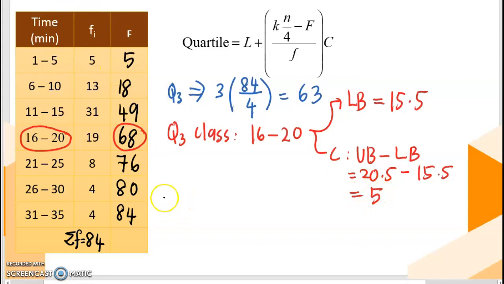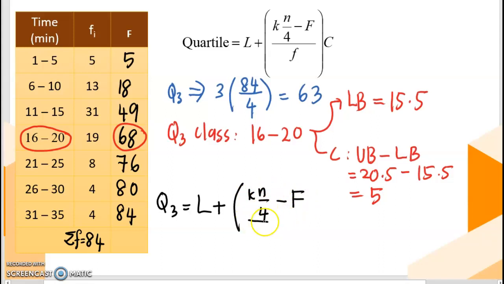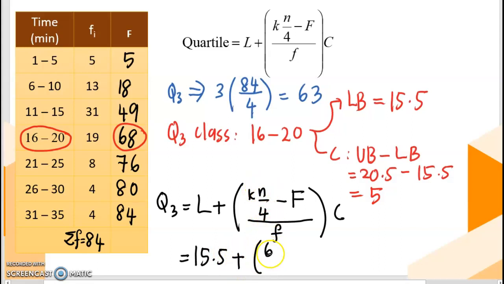Next, we are going to substitute into the formula: lower boundary plus kn over 4 minus cumulative frequency before, divided by its frequency, multiplied by C. Lower boundary is 15.5, plus kn over 4, which is 63, minus cumulative frequency before, which is 49, divided by frequency.